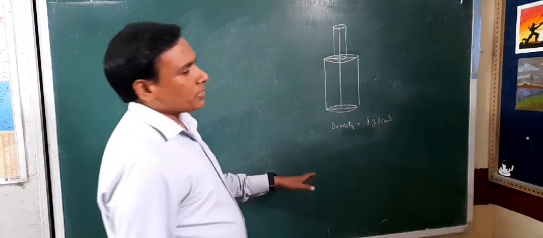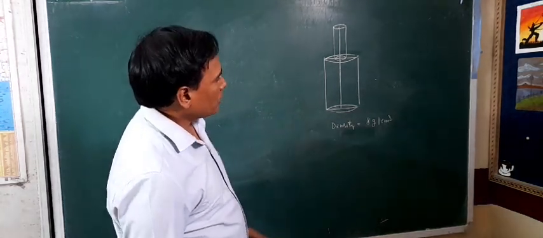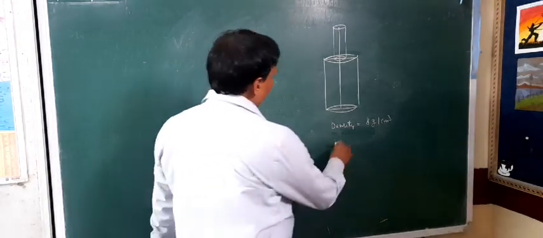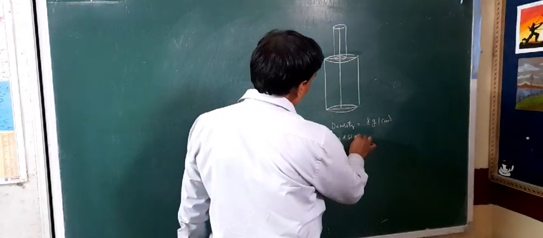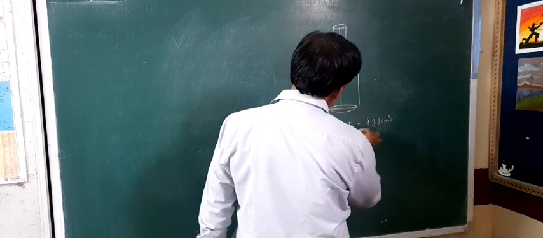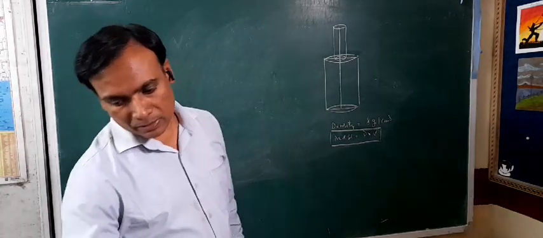So whatever volume we obtain from this question, and the density is given, if we want to find the mass, mass is equal to density multiplied by volume. First we need to find the volume, and I will give you the dimensions of this figure.